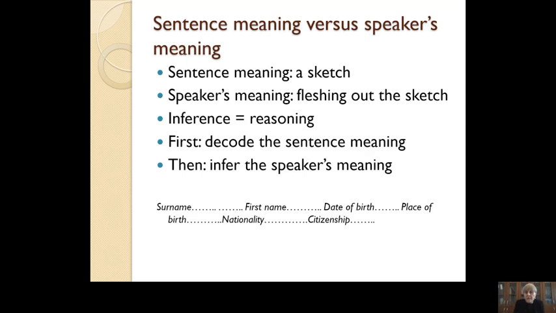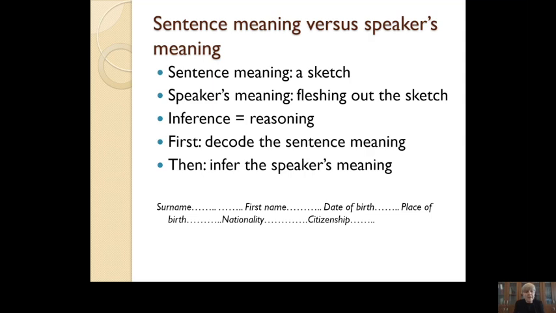Now, sentence meaning should be treated as a sketch. In this skeletal form, this sketch must be fleshed out, okay, in order to arrive at the speaker's meaning. Now, fleshing out proceeds via inferencing, that is reasoning, some kind of deduction.